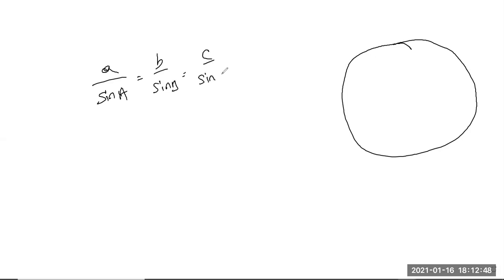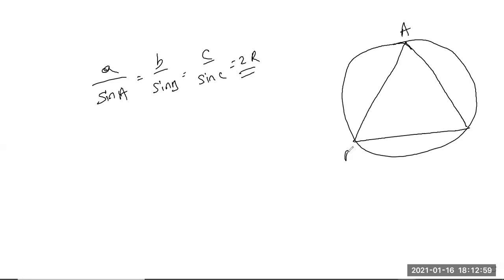So what I want to say is, in the sine rule or sine law, how you got a by sin A is equal to b by sin B is equal to c by sin C is equal to 2 times the circumradius. Suppose this is the circumcircle of this triangle ABC, and this is the center.